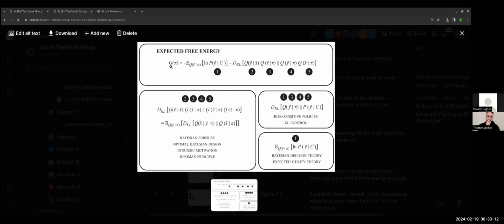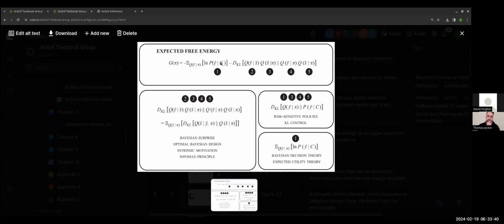Here's the G, equation 2.6, expected free energy. And this is just showing how, when you remove or zero out certain components of this equation, you get other well-known forms. If you remove epistemic value, all of 2, 3, 4, 5, so all you retain is the pragmatic value of future observations conditioned upon preferences, you get expected utility theory.